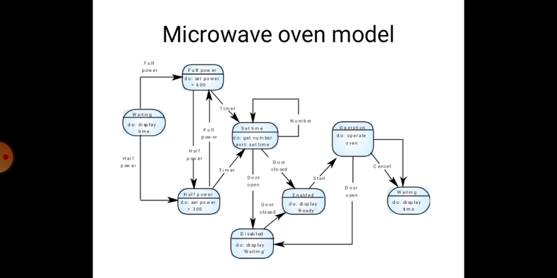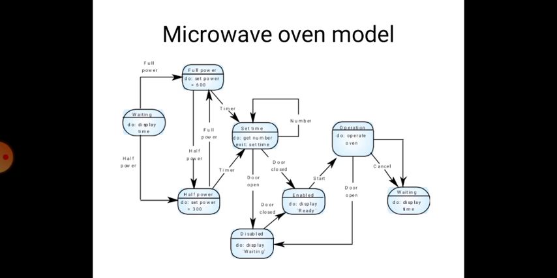These are named rectangles, and these rounded rectangles are connected by arrows which show the transition from one state to another.